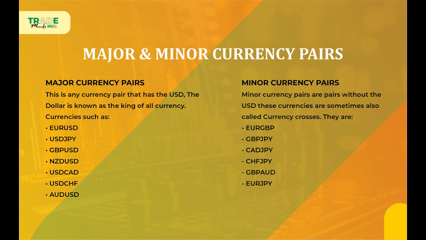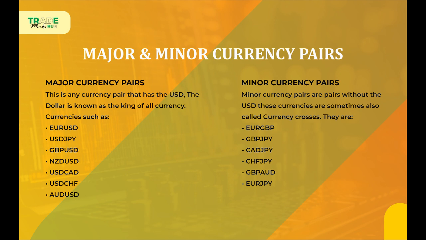So the euro is doing business with the United States. It's a major currency pair, irrespective of whether the US dollar is the base or the quote. As far as the US dollar is within those eight currencies listed, that means the United States is doing business with the other seven currencies or countries. It means that it is a major currency pair.